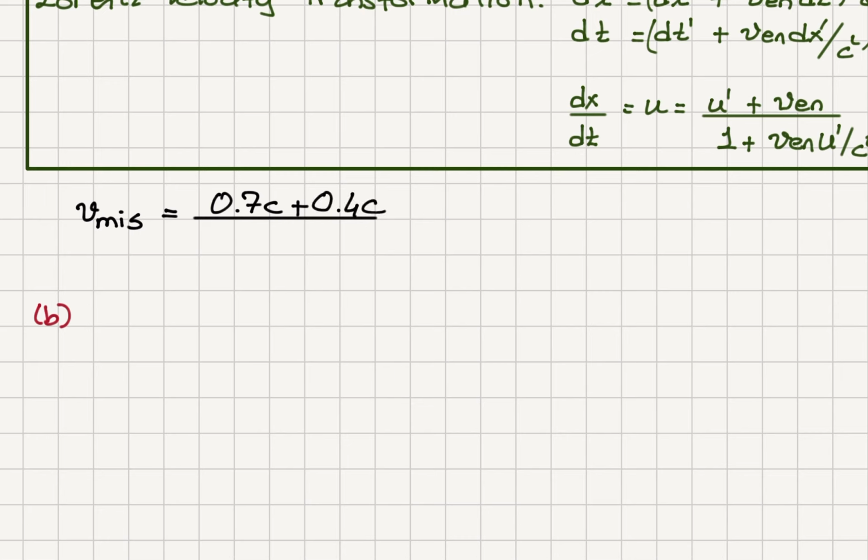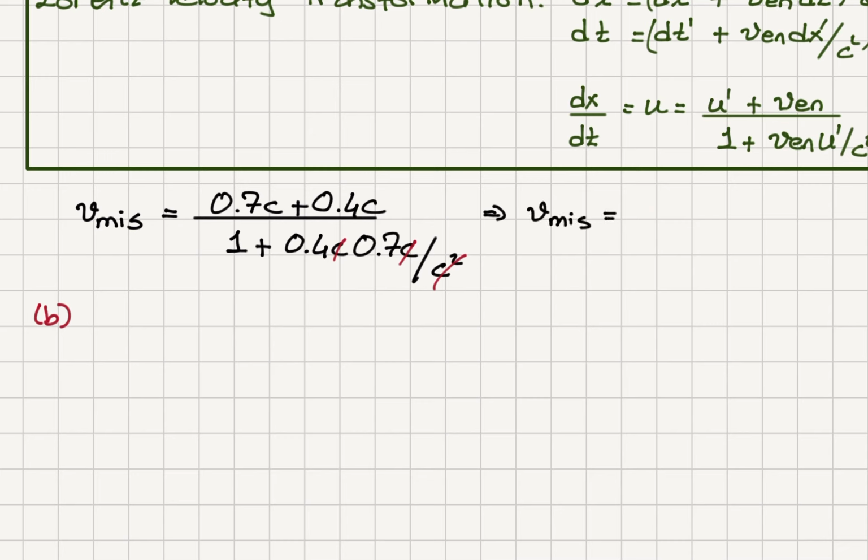Now I have 1 plus v enemy times u prime. V enemy was 0.4 c, and then I have u prime 0.7 c divided by c square. So these c's will disappear. So this gives me 1.1 c.